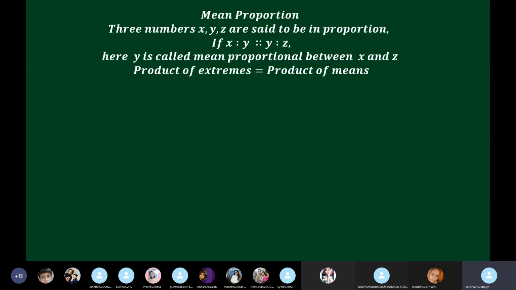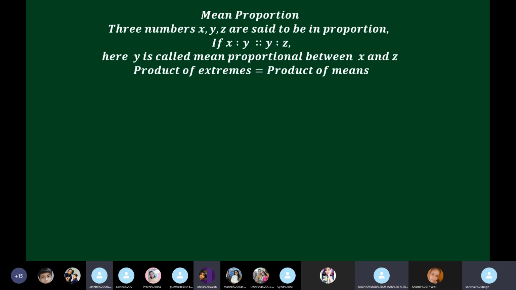You have done proportions and powers also. What is coming in the product of extremes?